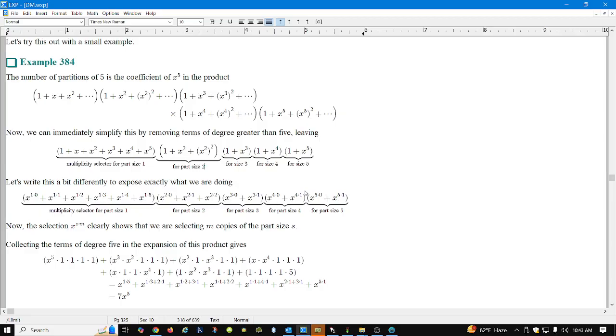So this makes it pretty clear how the multiplicity selector works. The selection of x to the sm from f of x to the s power shows that what we are doing is selecting m copies of part size s. So in the partition there'll be m terms equal to s.